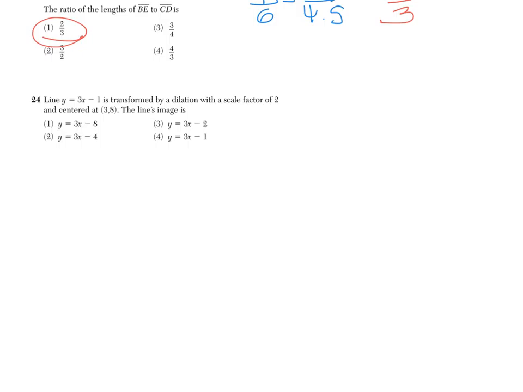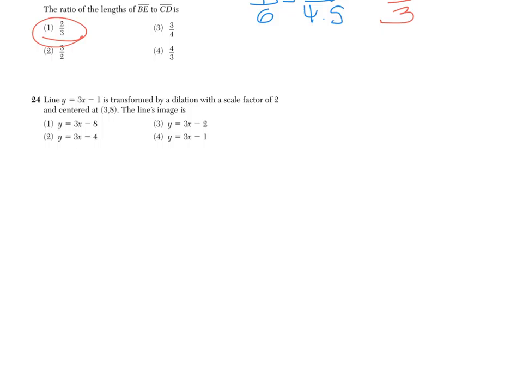Number 24. Line y equals 3x minus 1 is transformed by dilation with a scale factor of 2 and centered at (3, 8). The line's image is... So when we have a transformation by dilation of a line, we know that we're going to get a line that's parallel.